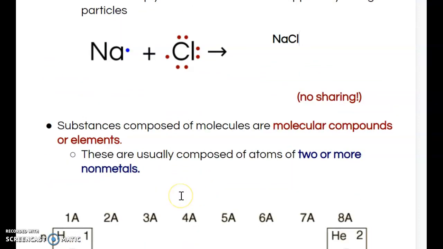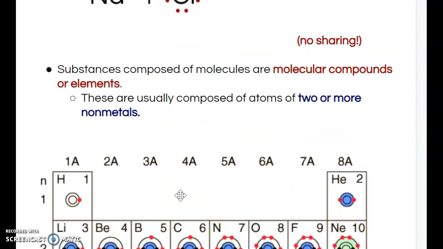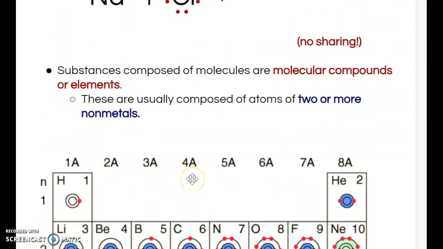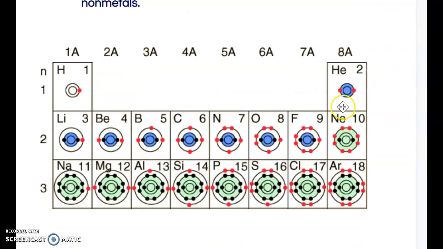Whereas covalent bonds or molecules are two or more non-metal atoms that share electrons. So you're going to be looking at the non-metal atoms on the right side of the periodic table.